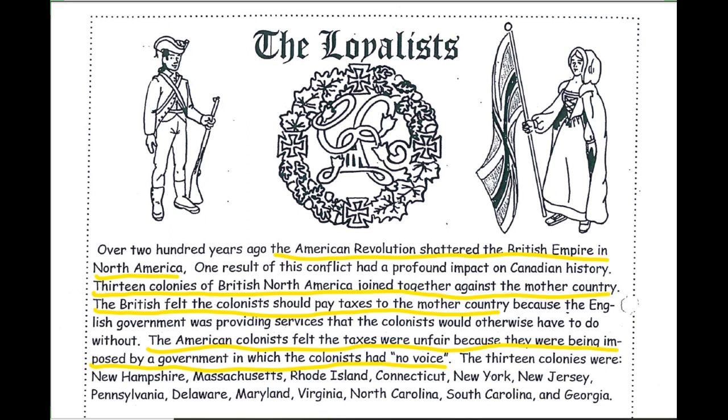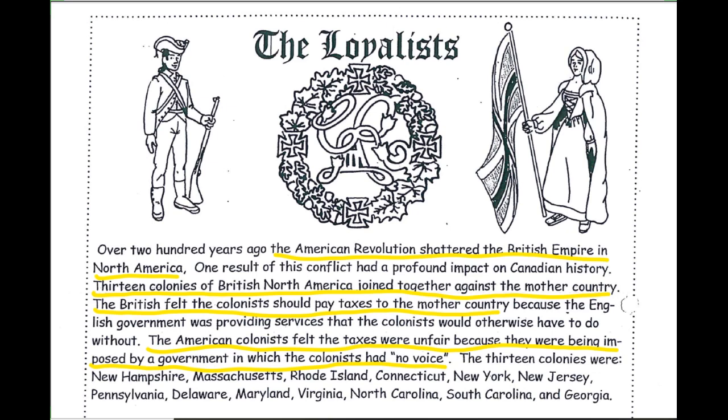They lived in British North America. And then the 13 colonies were New Hampshire, Massachusetts, Rhode Island, Connecticut, New York, New Jersey, Pennsylvania, Delaware, Maryland, Virginia, North Carolina, South Carolina, and Georgia. So all the way down that east coast of the United States.